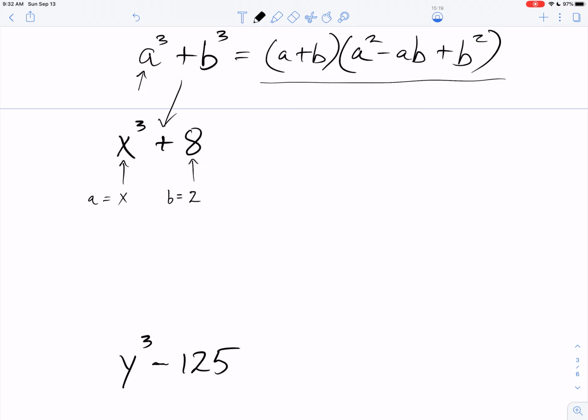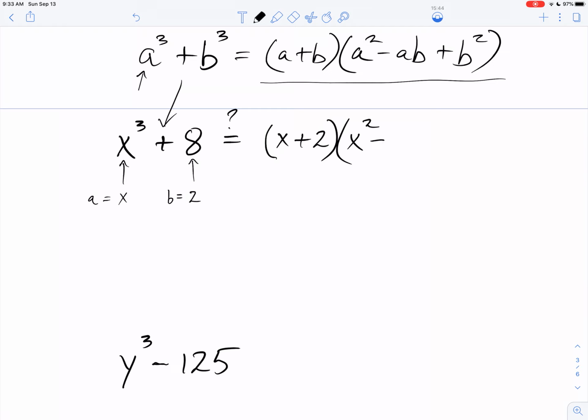So let's just do this. The original question says x cubed plus 8. What does that break up to look like? It breaks up to look like this. Not a, but x, plus not b, but 2. And then not a squared, I'm going to put an x squared.